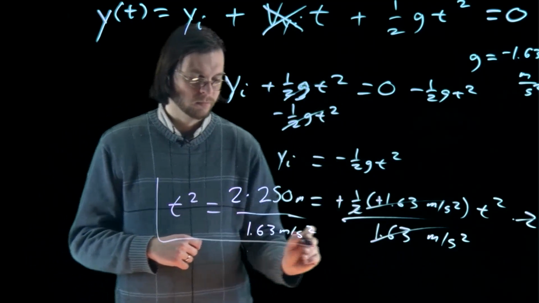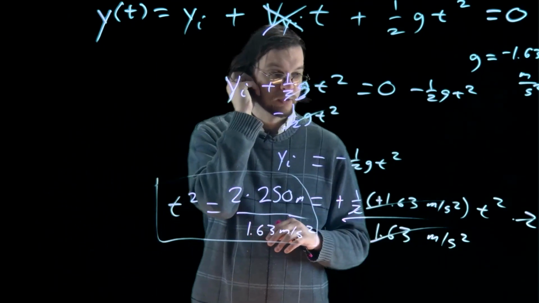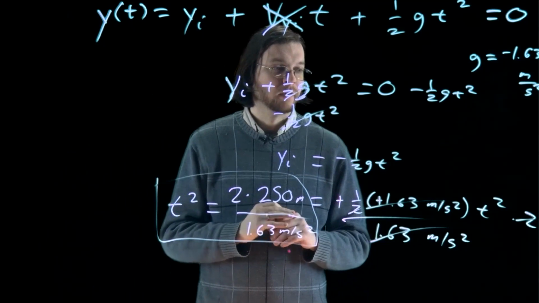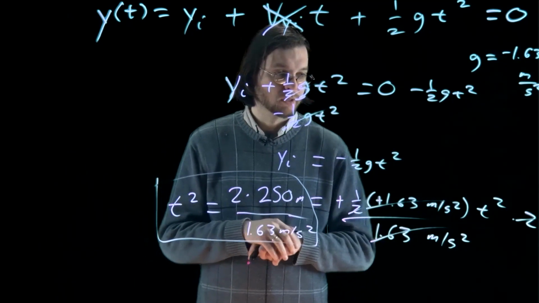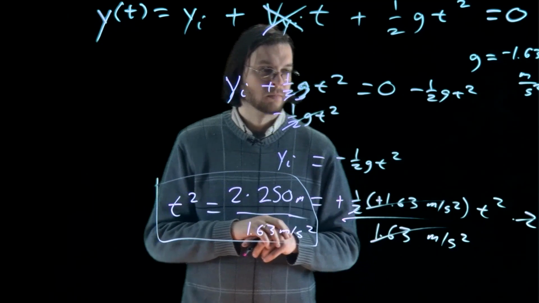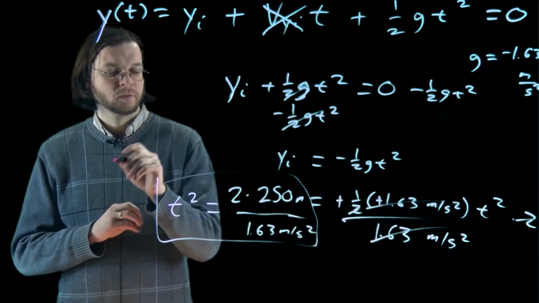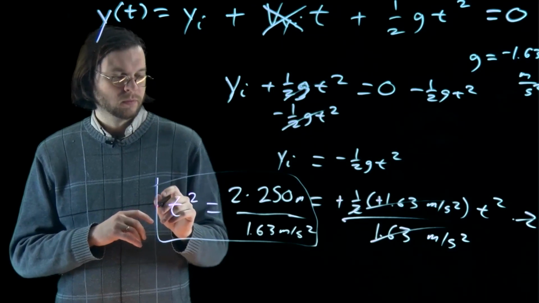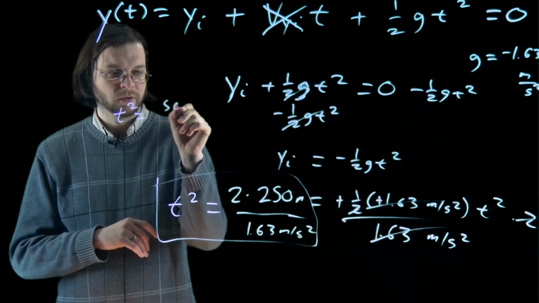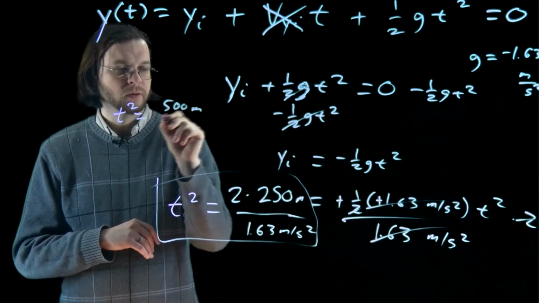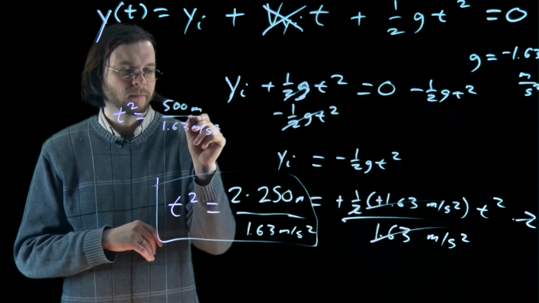So I could just evaluate this thing and take the square root. 2 times 250 divided by 1.63, so t squared equals 500 meters over 1.63 meters per second squared.